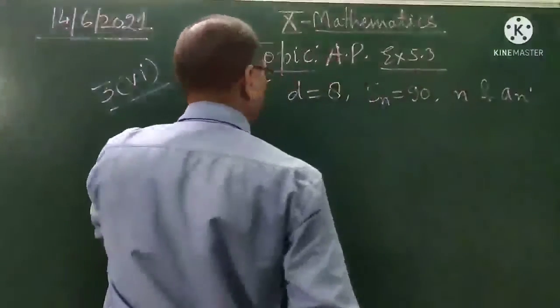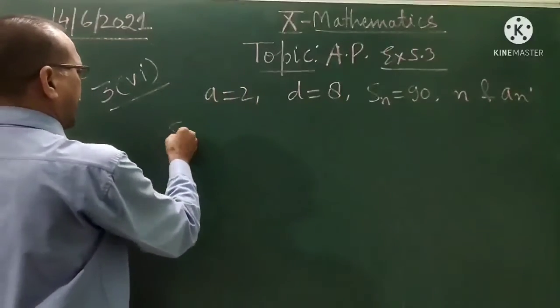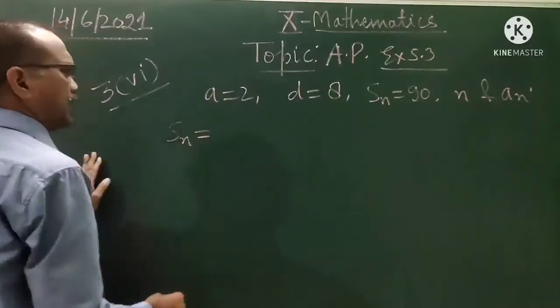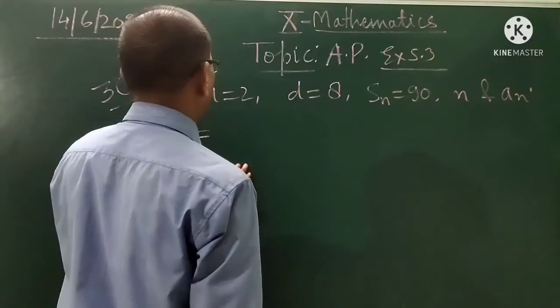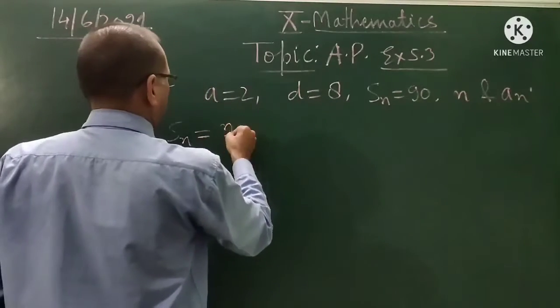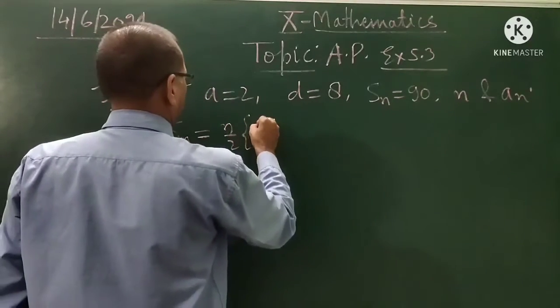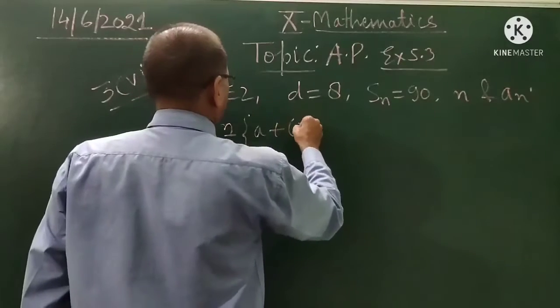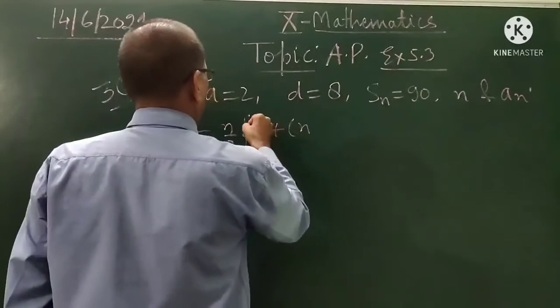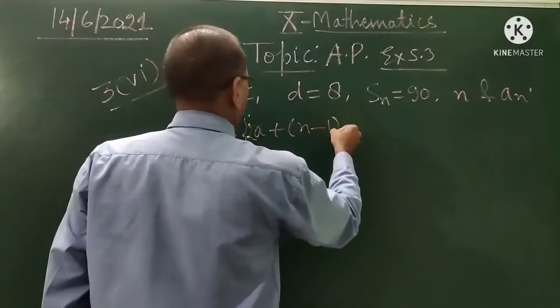Student, there is a formula of Sn. Sn equal to n by 2 into 2A plus n minus 1 into D.